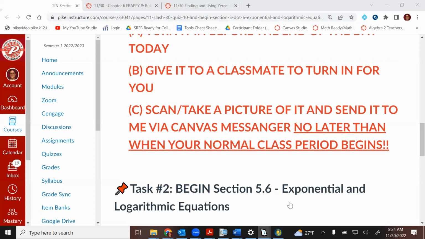Yes, I would go with natural log. You want to find an exponent. Rewrite it as a log.